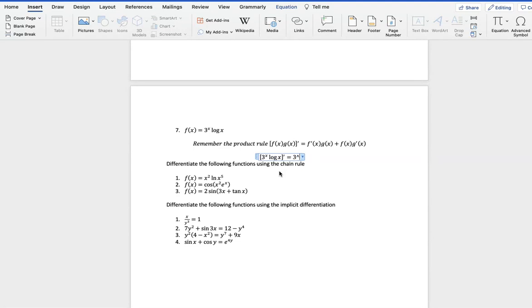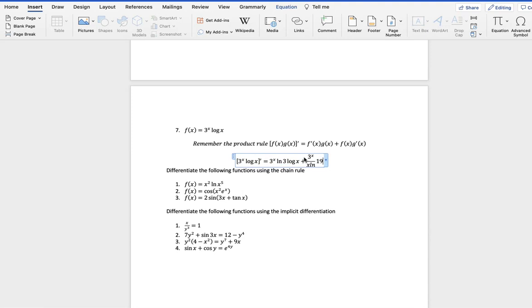So 3 to the x, times ln 3, times log x, plus basically 3 to the x divided by x ln 10.